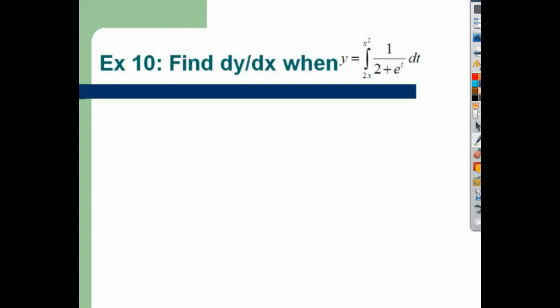So we're going to take 0 to the upper bound. So we're going to rewrite this so that it's y equals 0 to the upper bound. I'm just going to call it f of t for the sake of writing right now. Minus 0 to the lower bound. So now I have those constants.